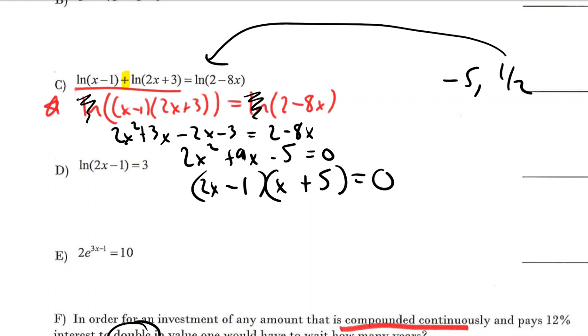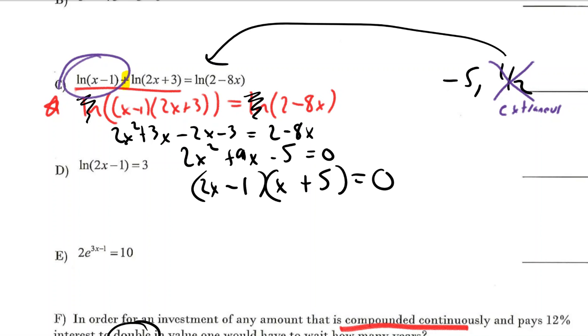And right here, plugging in 1/2 is a problem, because the natural log of -1/2 doesn't exist. So this is what we call extraneous. The algebra just created a solution that doesn't actually solve the original equation.